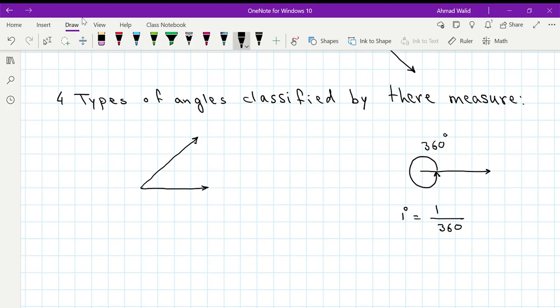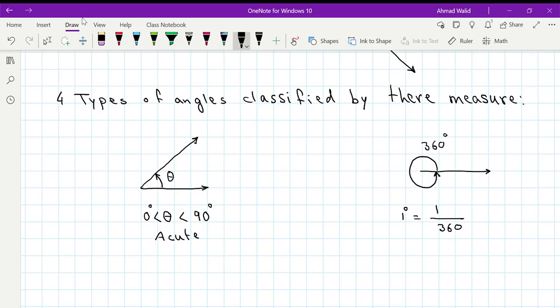Now, back here, if your angle theta is greater than 0 degrees but less than 90 degrees, we call this angle an acute angle.